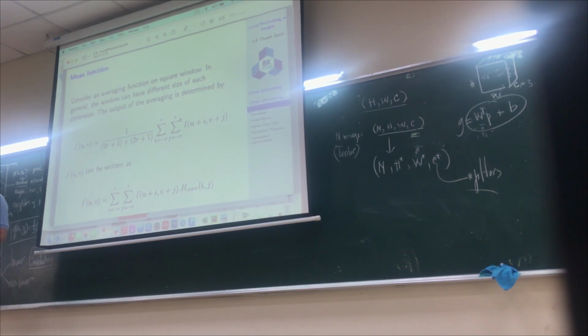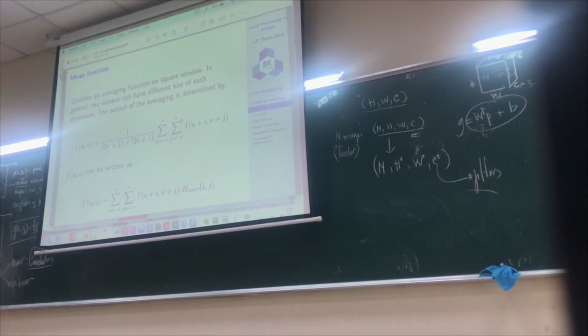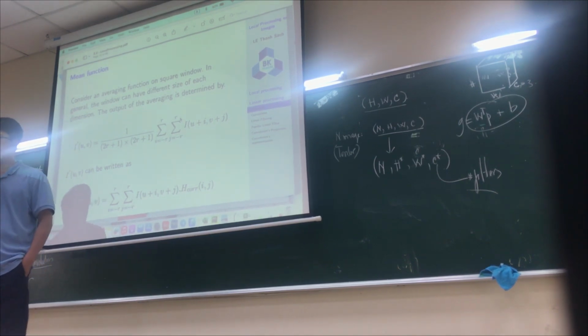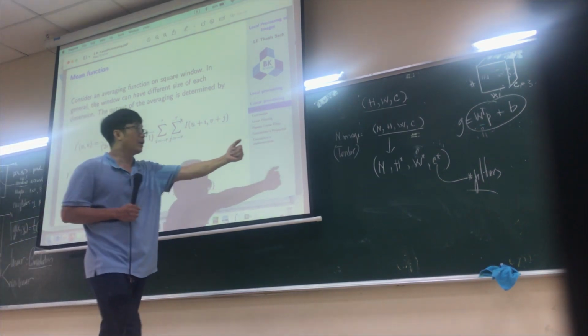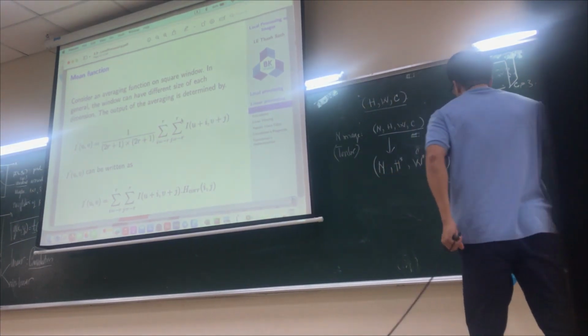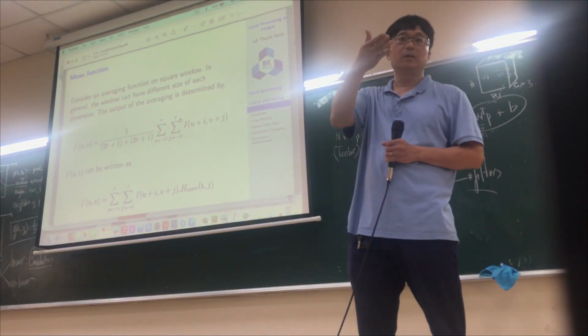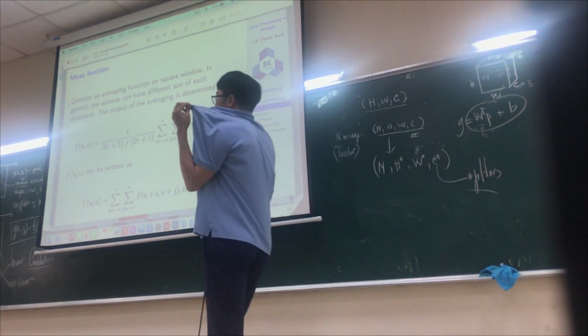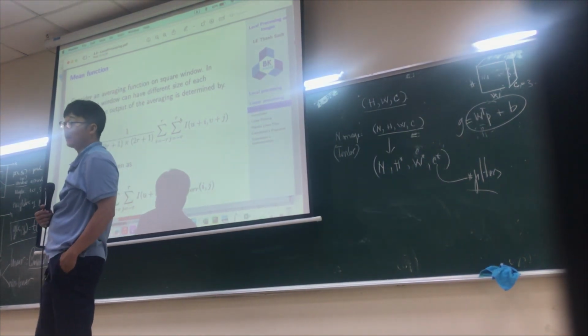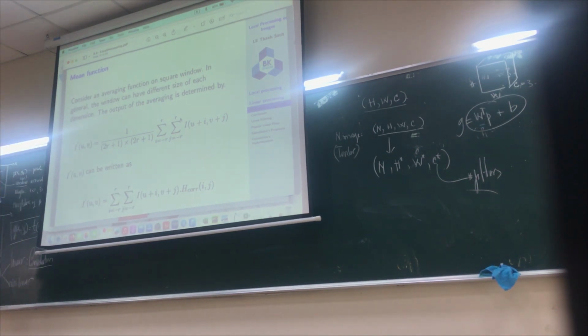We call it average, and it's easy. So when we're talking about average, what is the weight of average? B equals 0. And what is the W? One over the size, meaning the number of weights inside. For example 3 by 3, the weight is 1 over 9, right? Because you sum and then divide by 9, that is average. So all weights are the same.